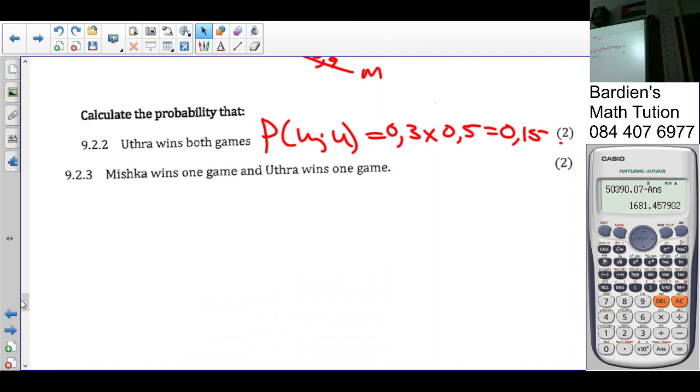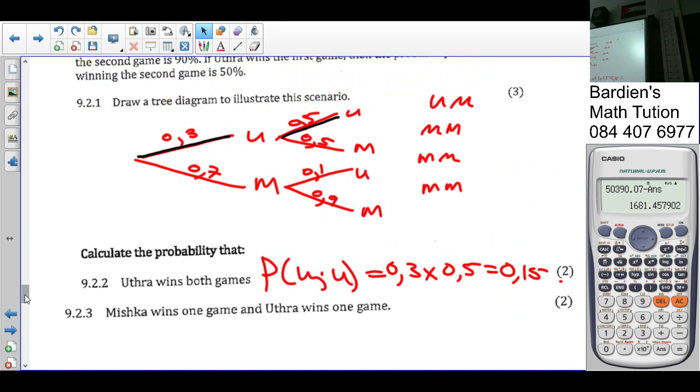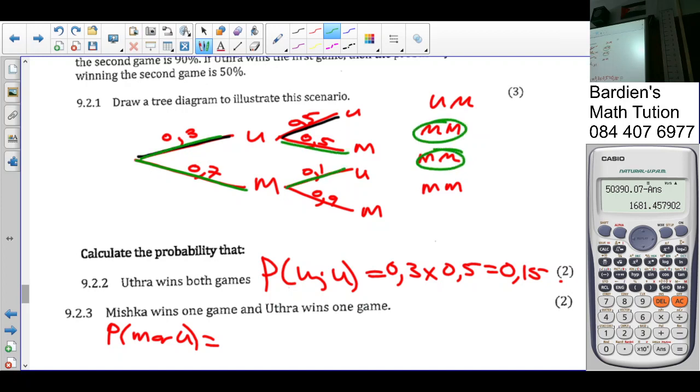Calculate the probability that Mishka wins 1 game and Udra wins 1 game. Did they say Mishka wins first and then Udra? No. So it can be any order. So Mishka 1, Udra 1. Mishka or Udra. So to follow that branch, you're going to have Mishka Udra and Udra Mishka. Not so?